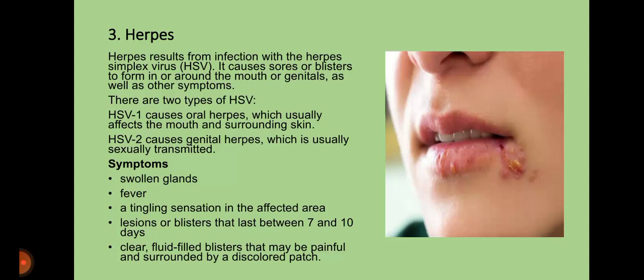There are two types of herpes simplex virus. The first, herpes simplex virus 1, causes oral herpes, which usually affects the mouth and surrounding skin. Second, herpes simplex virus 2 causes genital herpes, which is usually sexually transmitted.